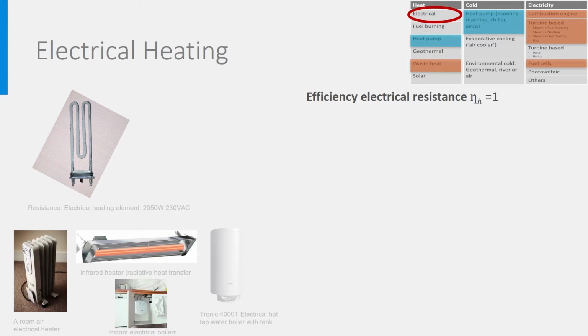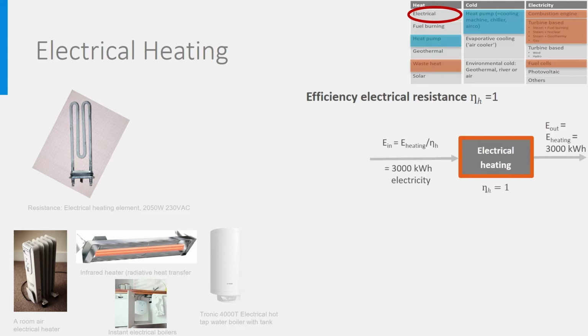Let's take the same example of a building with an annual heating demand of 3000 kWh. If we use an electrical heater to produce this heat, we need of course 3000 kWh electricity because the efficiency is 1. But that is not the primary energy, because this electricity must be made somewhere in a power plant using natural resources.